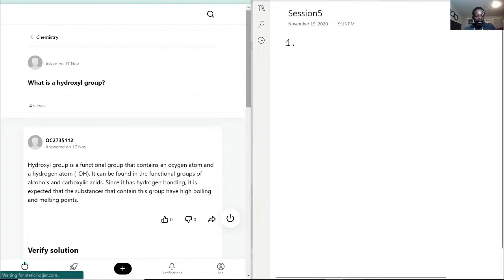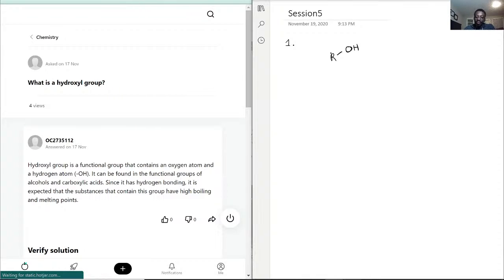So when we think of a hydroxyl group, we're thinking of, simply put, here's our main R group, and then hydroxyl is just attached to that R group as an oxygen and hydrogen, hence how it gets the name hydroxyl.